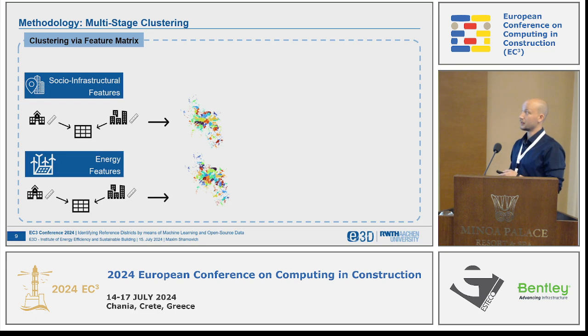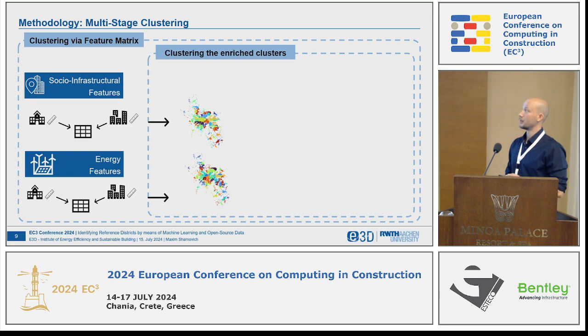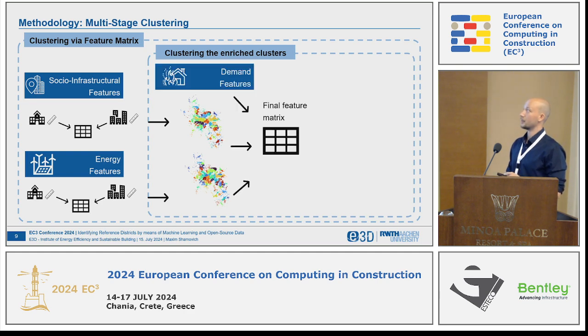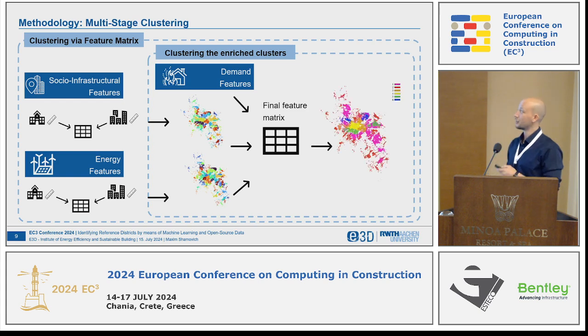The resulting clusters, you can maybe also already call them districts, or at least they could become districts, are then further enriched in the second stage with the demand features, so the heating demand, and finally we arrive at the big final feature matrix regarding the clusters and try to identify the reference districts from those.